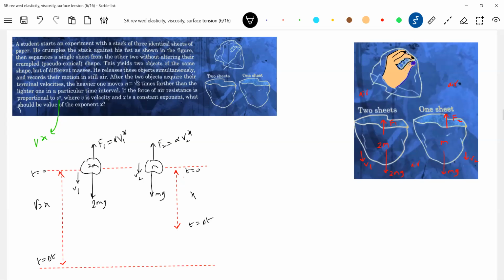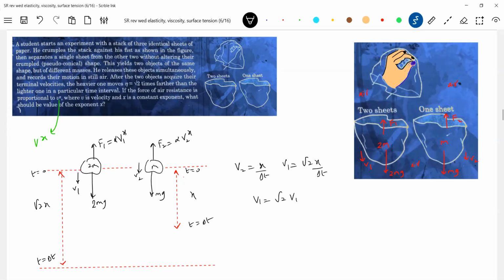Now, do we have information regarding the speeds? So what is V2? I can write V2 equal to x by delta t. And V1 is equal to root 2 x by delta t. Any relation between V1 and V2?